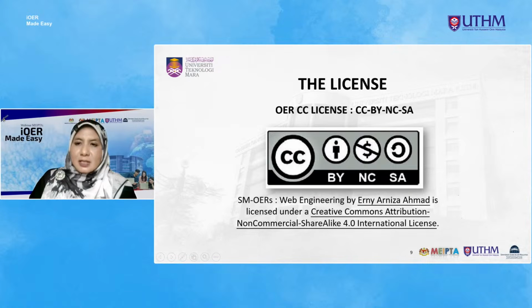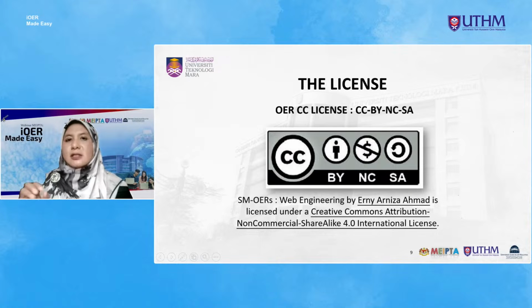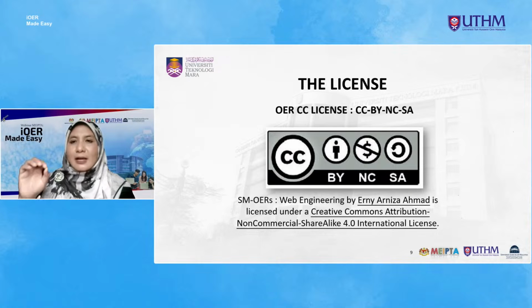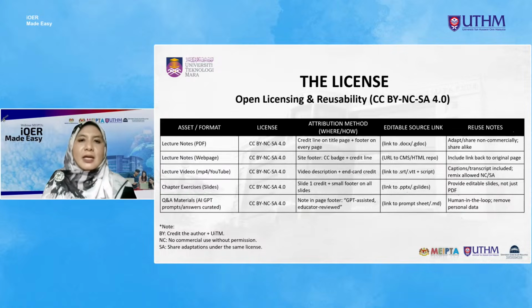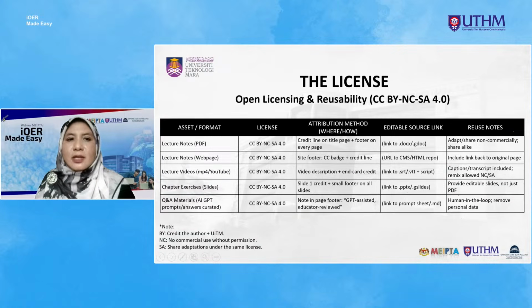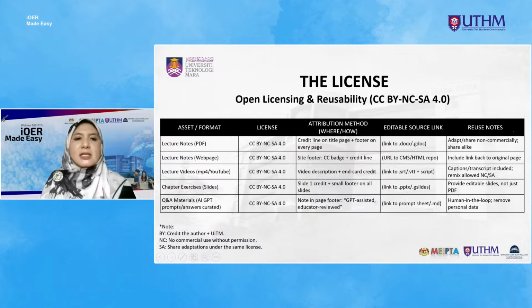When you have the license with the materials, people will understand to what level you can use the materials. And this is how you can distribute from my materials, since I applied the same license. This is where you can put the attribution to the materials, because of the SA.